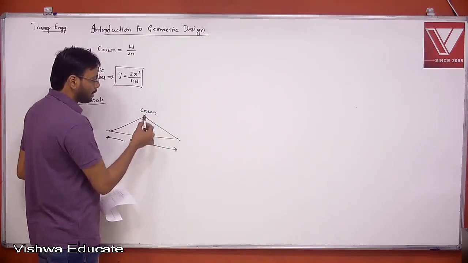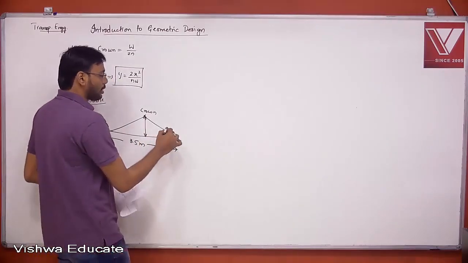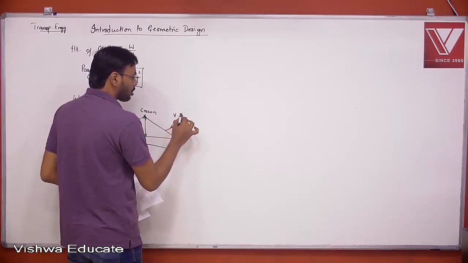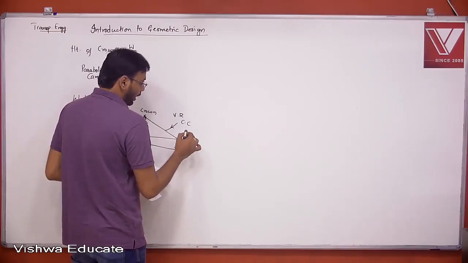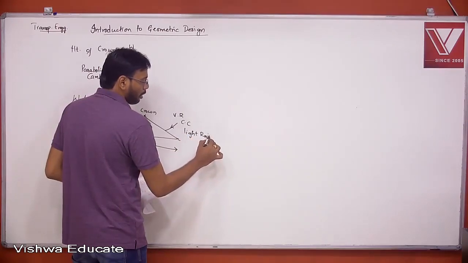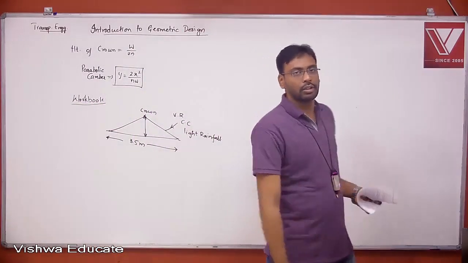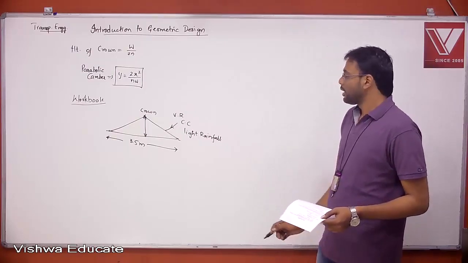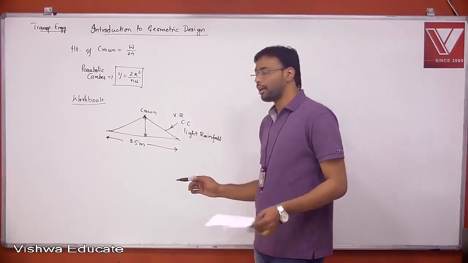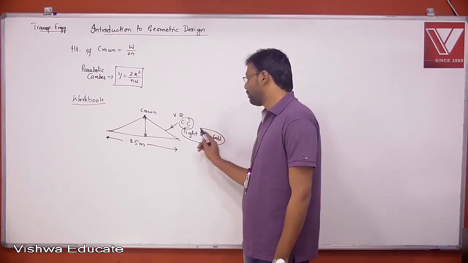I need to calculate the height of crown, and additionally it is given that this is a village road made of cement concrete, and the region is a light rainfall region. So what has to be taken care of here is CC road and light rainfall region.